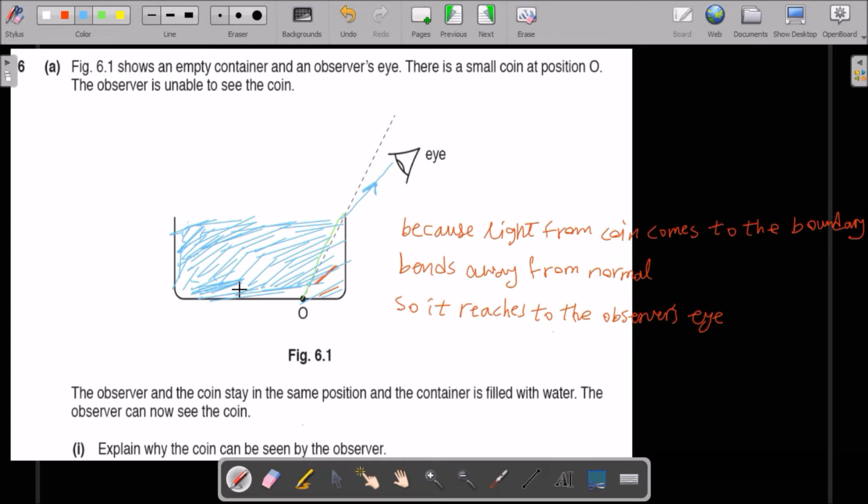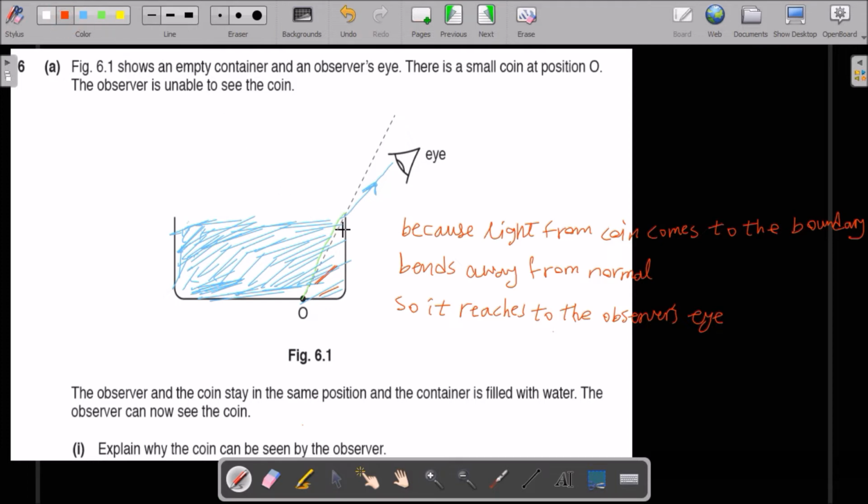Because of the difference of refractive index, when light comes to the boundary, it is refracted, and because air is less dense compared to water, the refracted ray goes away from the normal.